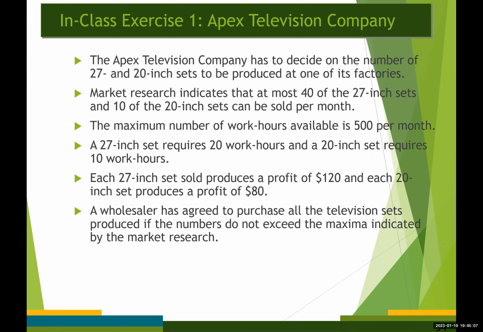In this case, the decisions to be made would be the number of 27-inch TVs and 20-inch TV sets to be produced per month. So that's going to be our decision variables.